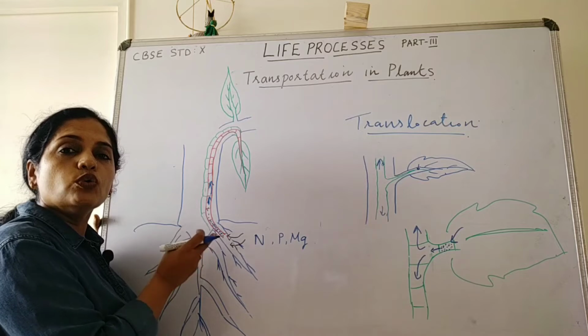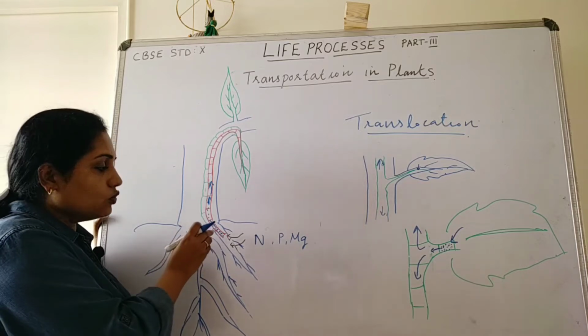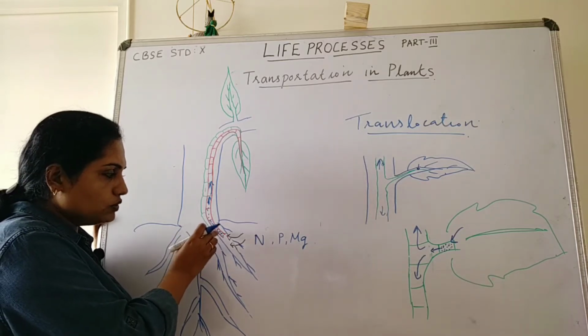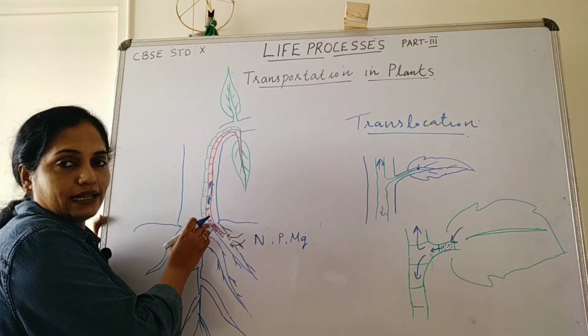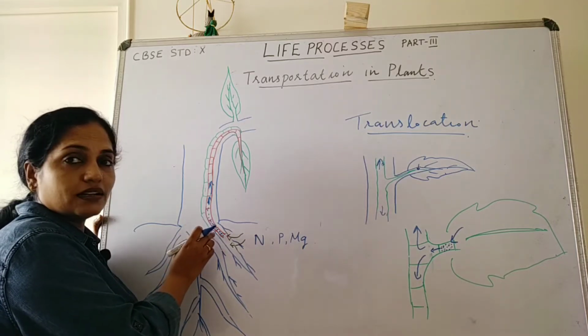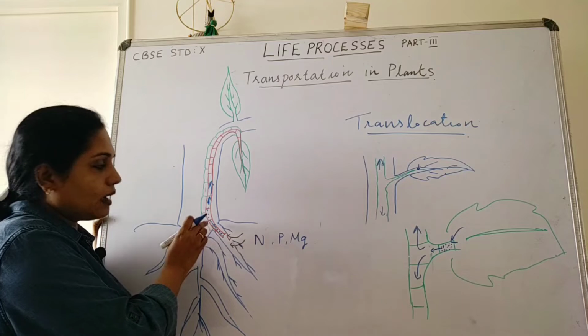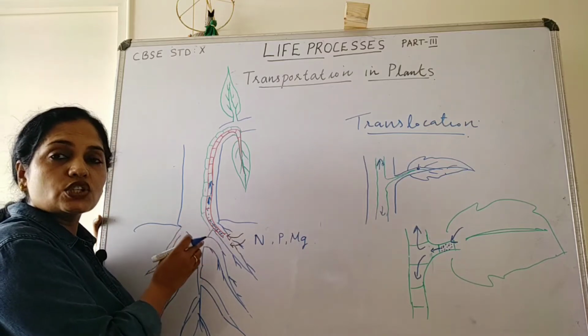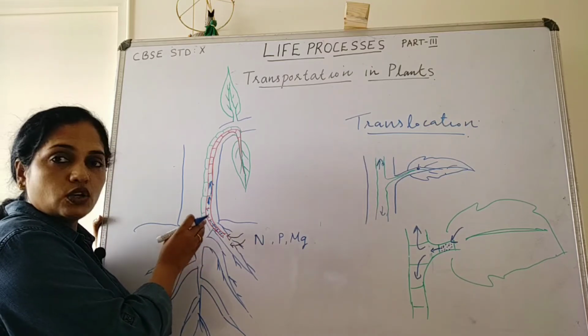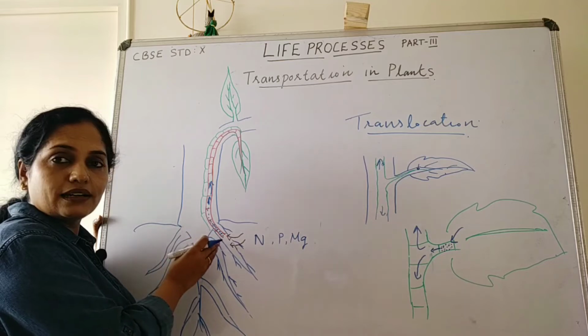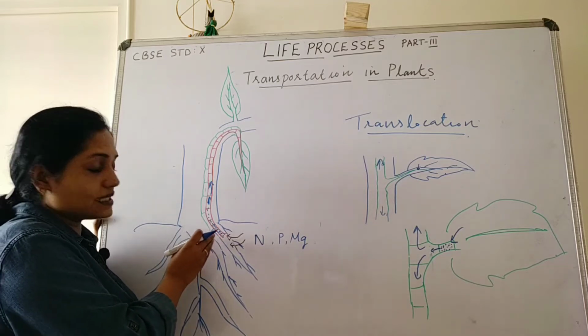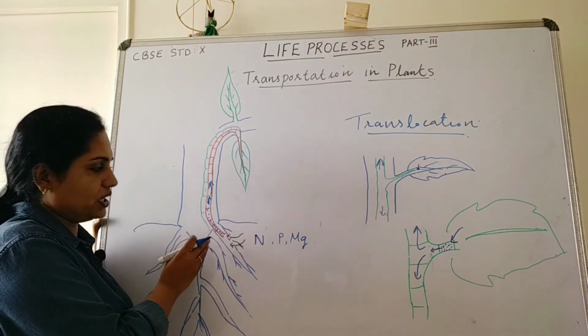In order to remove that imbalance, the water molecules move to the adjacent cell, the cell on the top. Comparatively, the concentration of water molecules is lower there than in the cell adjacent to the region of absorption.